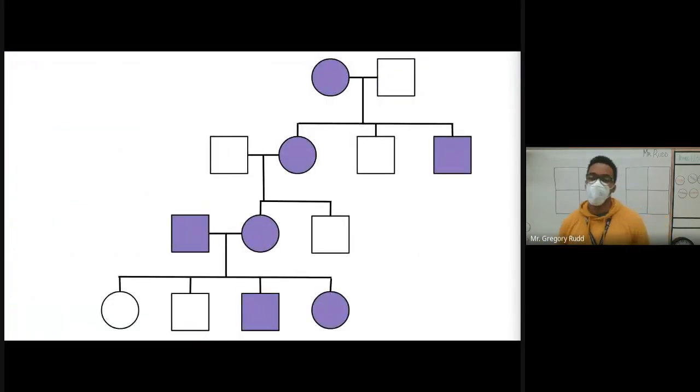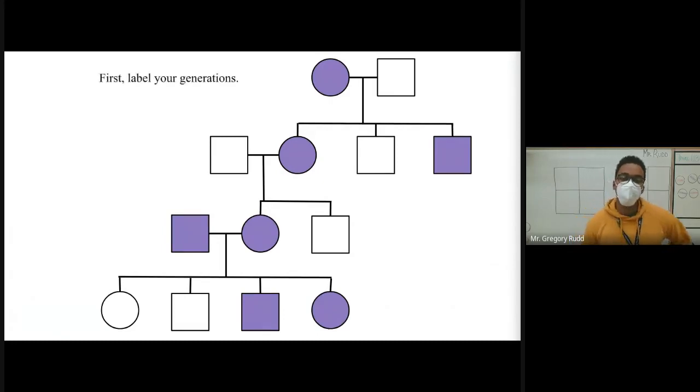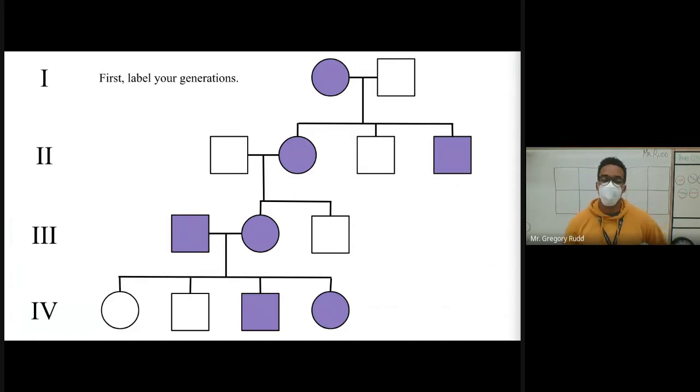Okay, so let's take a look at this pedigree. First, we need to label our generations. So I'm going to literally put the Roman numeral I at the top, and then under that, I'm going to put II, III, IV in Roman numerals. Then I'm going to label my individuals. I'm going left to right, and I'm restarting with every single generation.